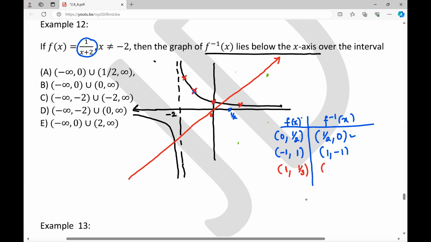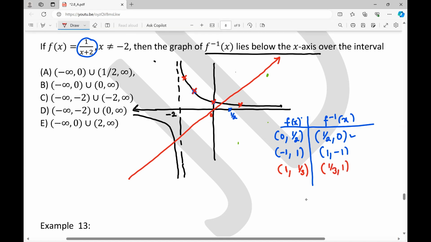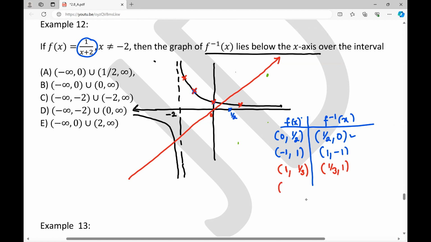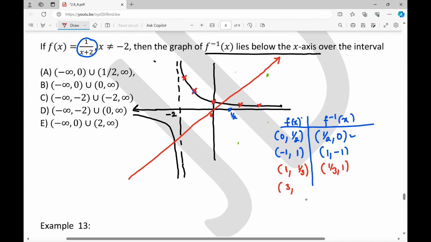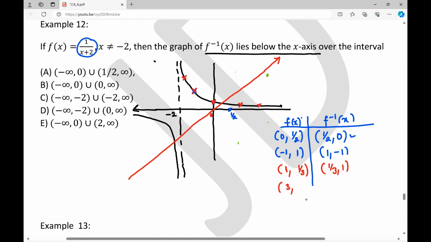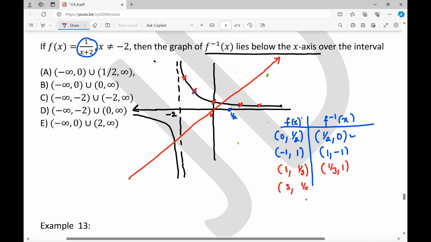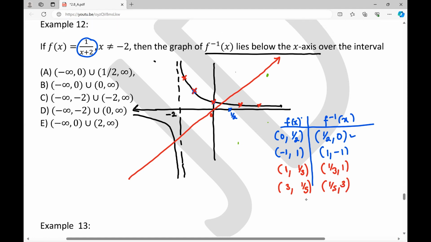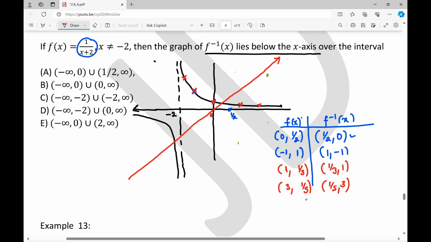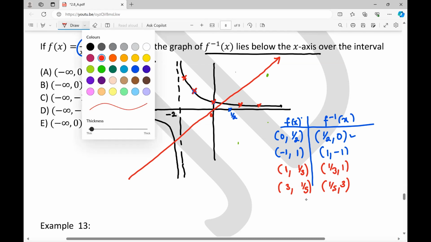So it means that point is going to be 1 over 3 and 1. And also, we can also take another point here. Let's say you take 3. So if x is equals to 3, y is going to be 1 over 5. So this is going to be 1 over 5 and 3. So I think we have more than enough points to give us an idea how it should look.